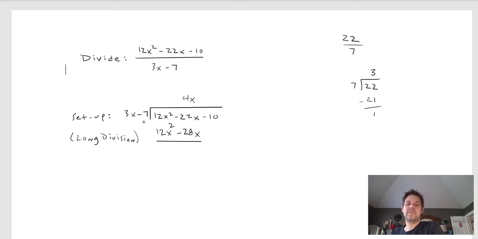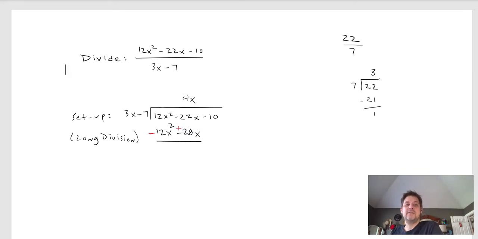If I subtract 12x squared, I'm just subtracting 12x squared. What if I subtract negative 28x? When you subtract a negative, that's a double negative, so it amounts to adding. With my red pen, I wrote the operative sign here. This is going to be subtraction. That's going to be addition.